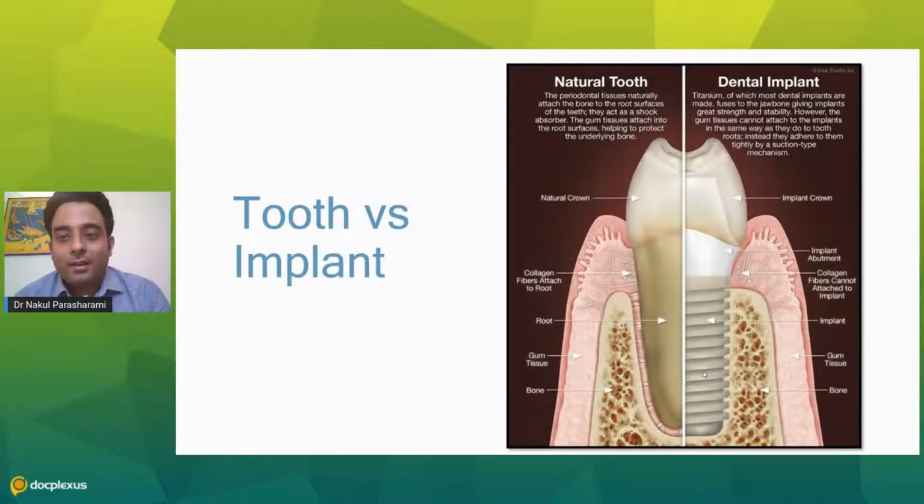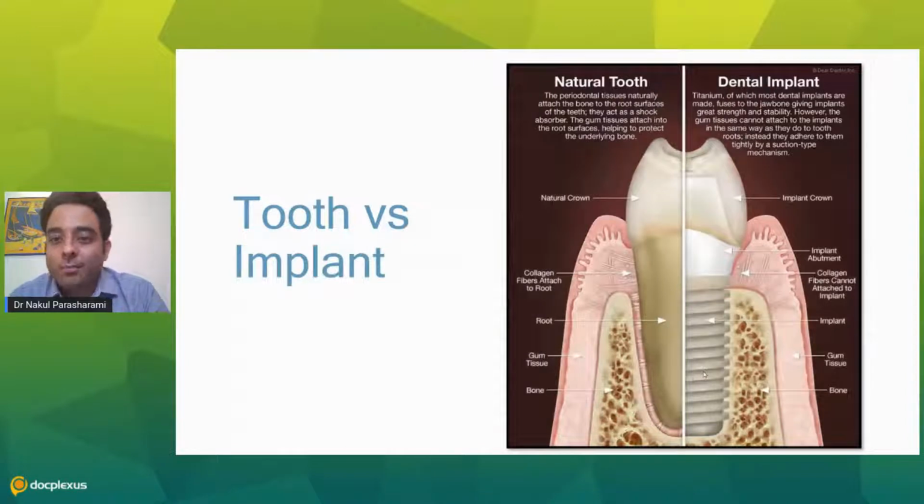So basically, to give you a brief overview of how a natural tooth and dental implant differ in their interface with the bone, there is a beautiful photo.